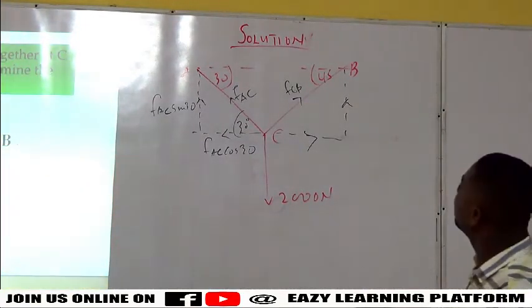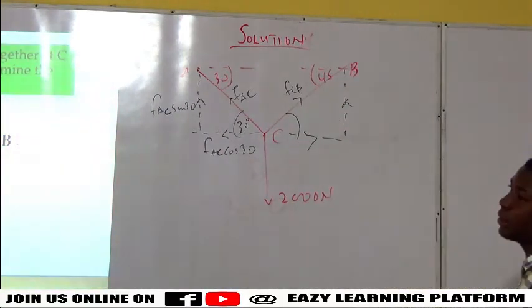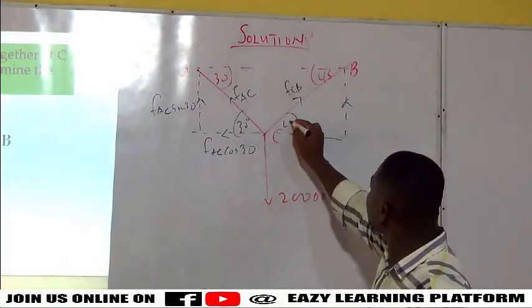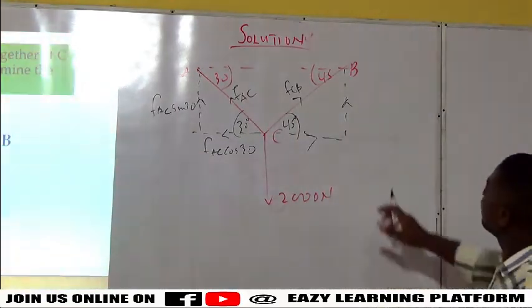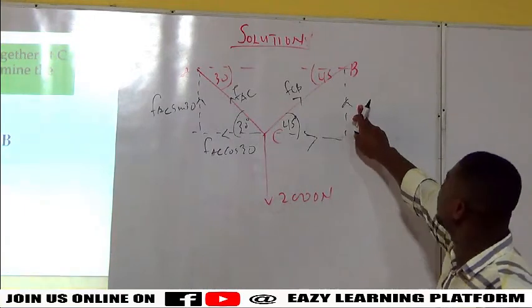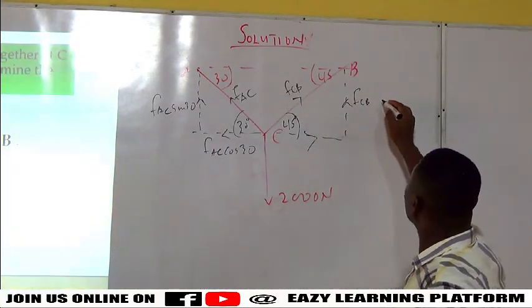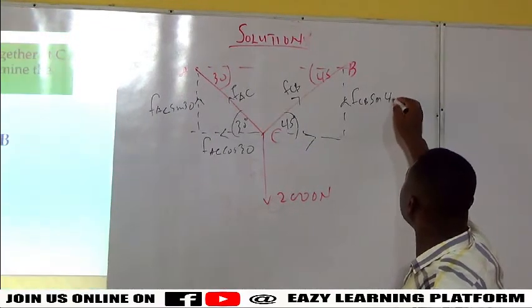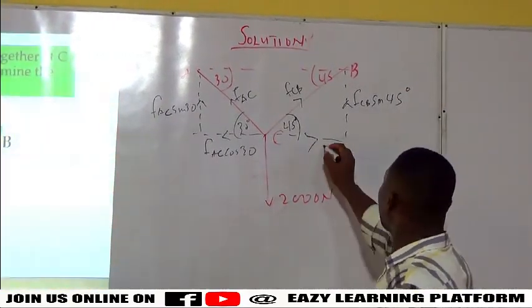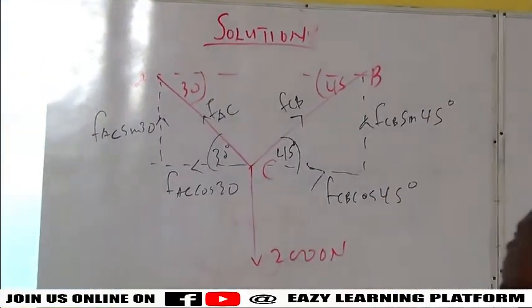Then the angle here is the same. So this angle is what? 45 degrees. Then this side becomes our what? Opposite side. So we have FCB sine 45 degrees and FCB cos 45 degrees.